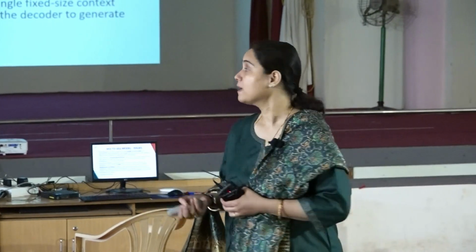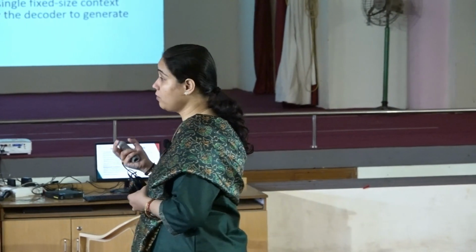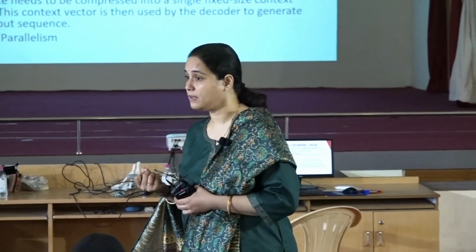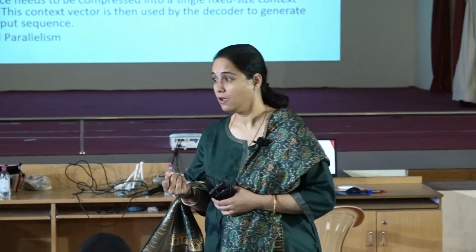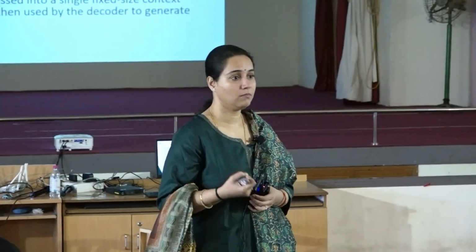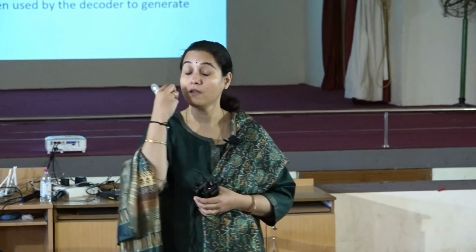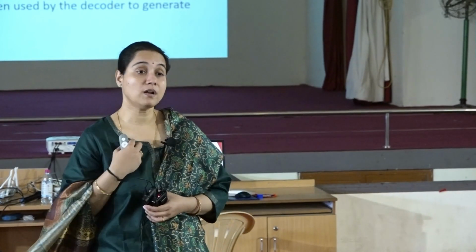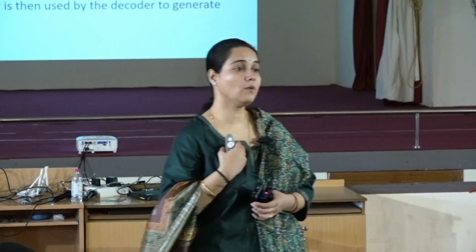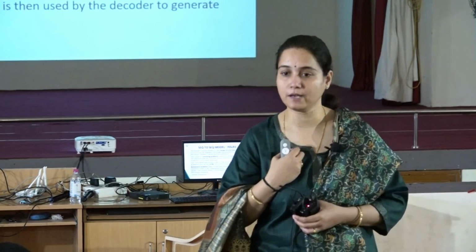Second, you also have the vanishing gradient problem. If you are using an RNN, the vanishing gradient problem is very common. But what if I choose LSTM, you can ask. LSTM also has its own limitations.